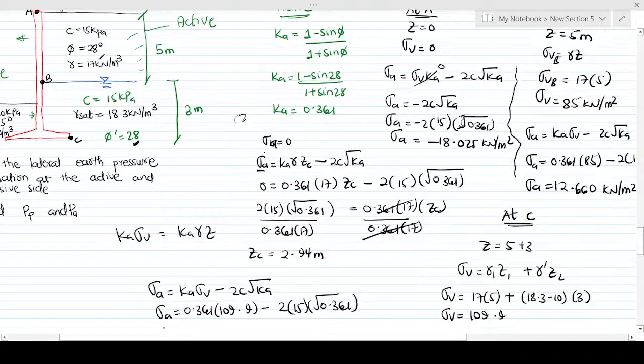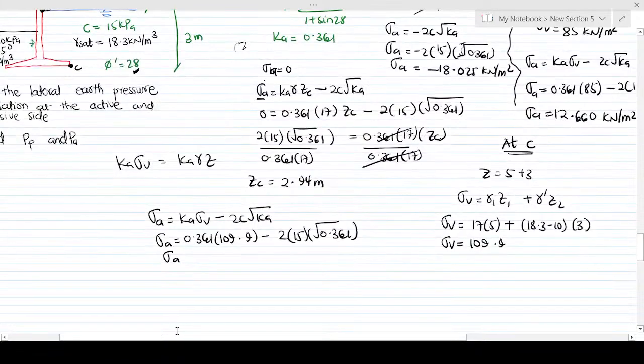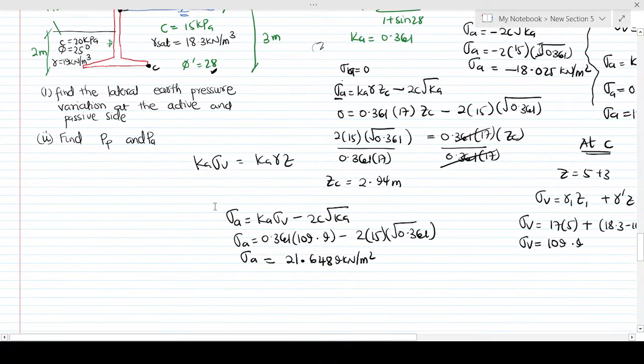And so we are going to get the lateral pressure to be equal to 21.649 kilonewton per meter square. So as simple as this, right?